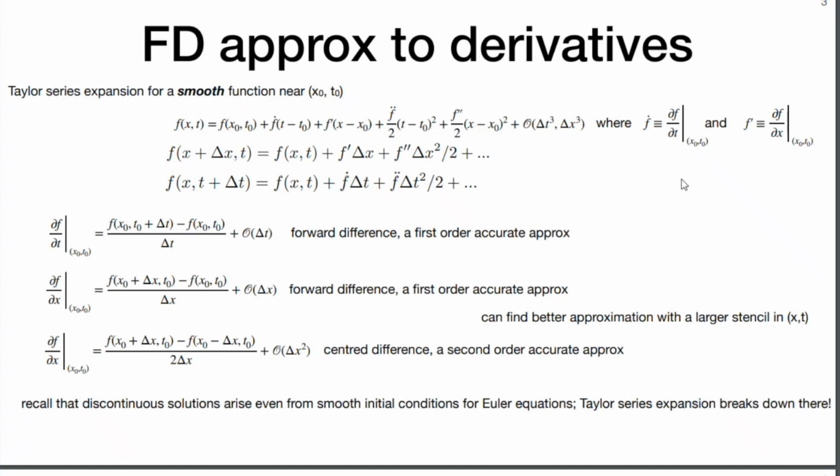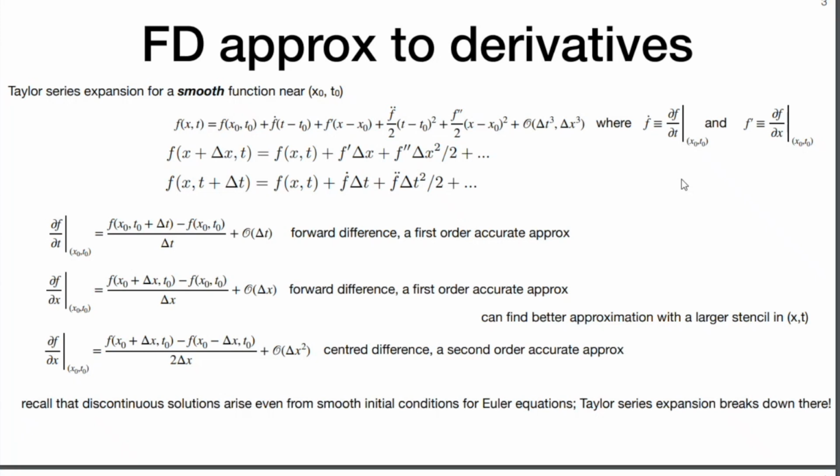Now, you can write f(x plus delta x, t) equal to this expansion. Here I'm using t as t naught. It's obvious what I'm doing here. I'm just expanding f in x and taking t to be constant.